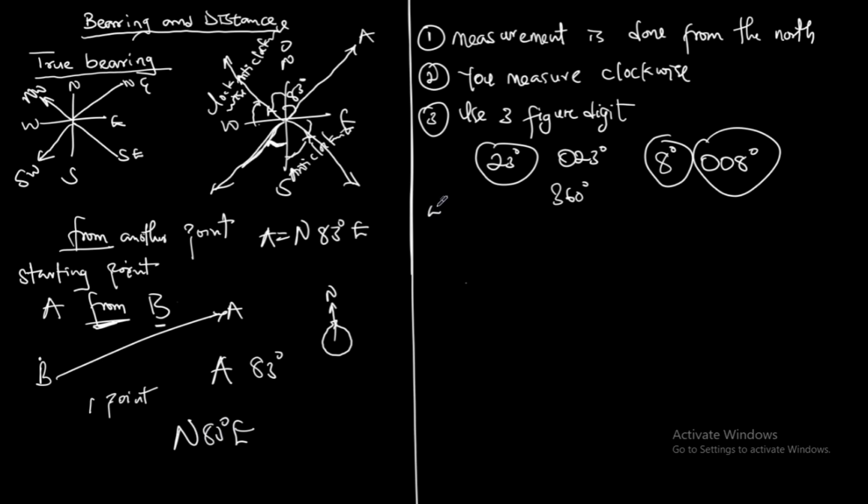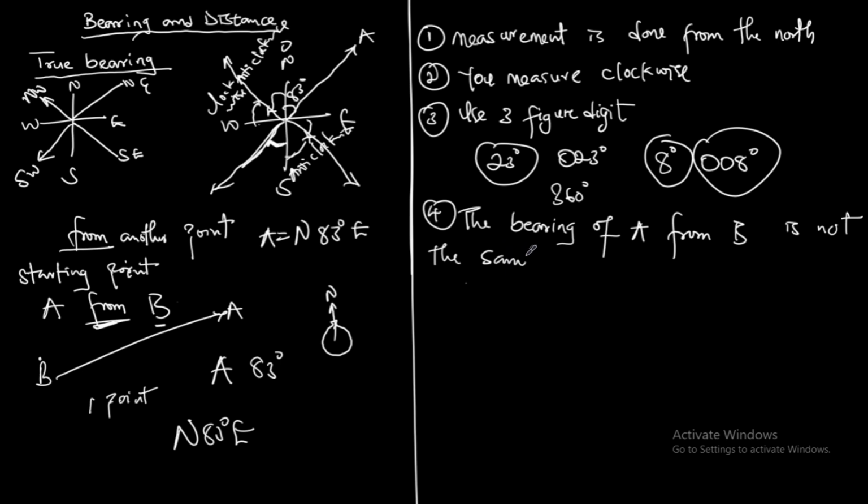Now, number 4 is that the bearing of A from B is not the same as the bearing of B from A. What do I mean?